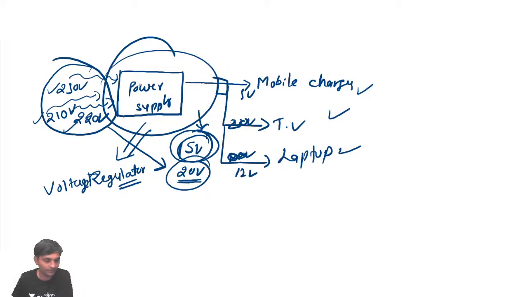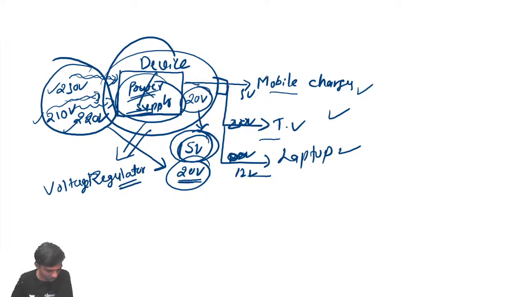Consider this device, which gets different input voltages but gives a constant output voltage, let's say 20 volts. This 20 volts should not change because of the load which you are connecting.